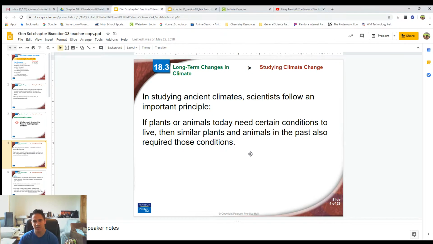Okay, so scientists use this because when they're looking at ancient climates and they see indications that could tell us whether or not there was a lot of rainfall or it was dry or temperatures were high or low, we could then assume that if temperatures, let's say for example, are really, really high during a certain period of time, maybe vegetation was doing very well if it was wet enough, or if it was high temperatures and very dry, we could assume maybe vegetation or plant growth was not very good during that time, because currently today, if it was very hot and dry, plants wouldn't grow very well, so we'd make the same assumption in the past.